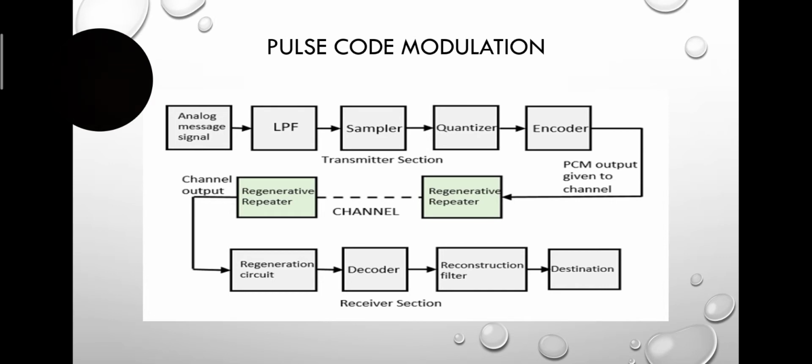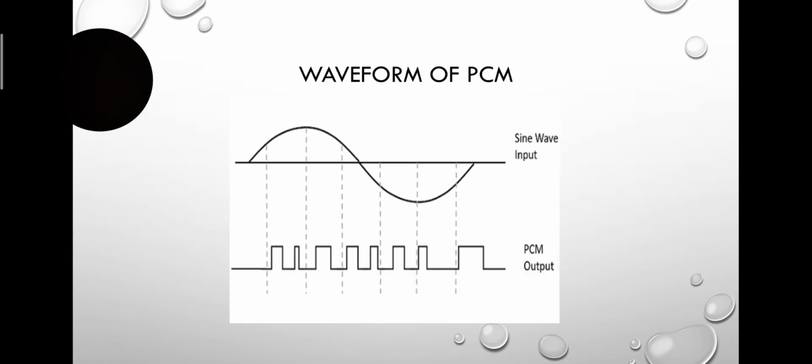A signal is pulse code modulated to convert its analog information into a binary sequence, that is, ones and zeros. The output of PCM resembles a binary sequence. The following figure shows an example of the PCM output with respect to instantaneous values of a given sine wave.